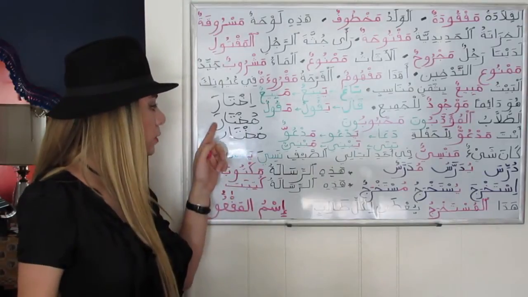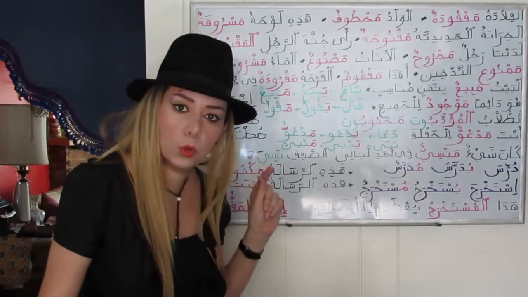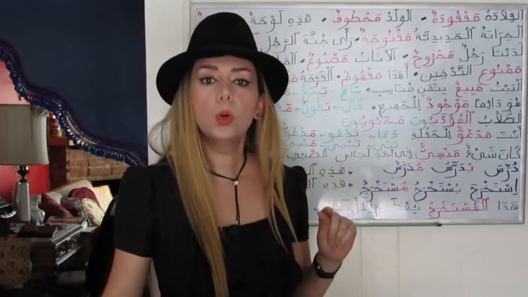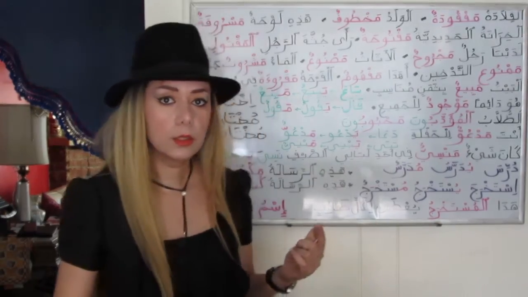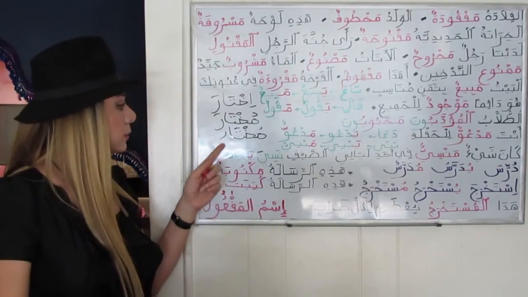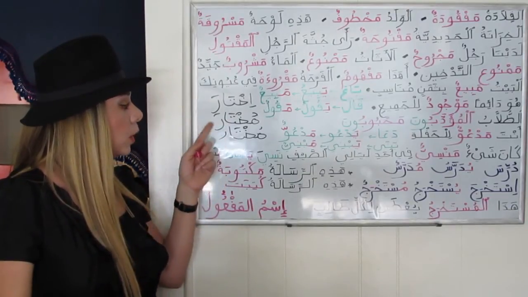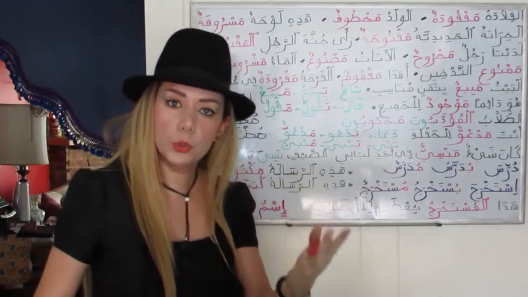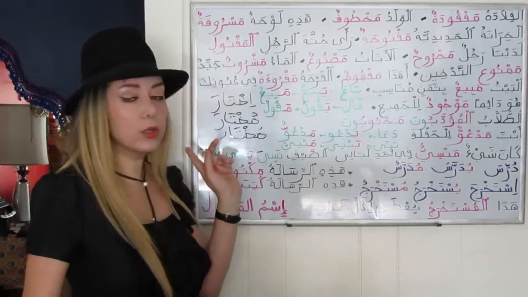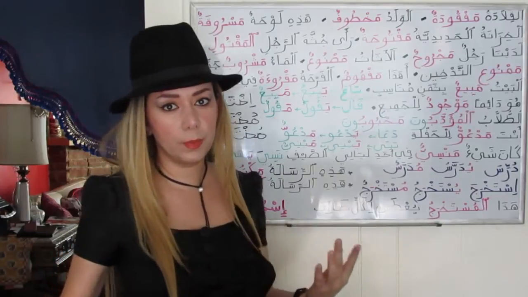So as the active participle mukhtar, the one who chooses, alright? The one who has the power to do the action of choosing. But mukhtar as a passive participle is the chosen one.